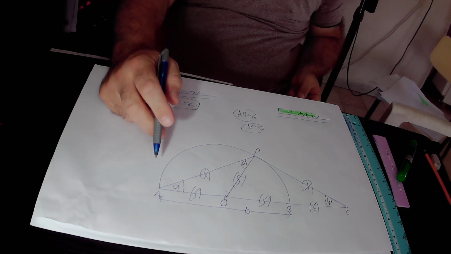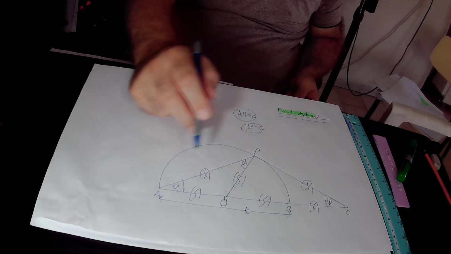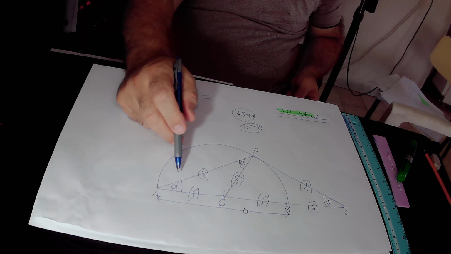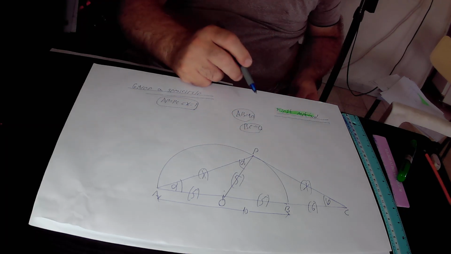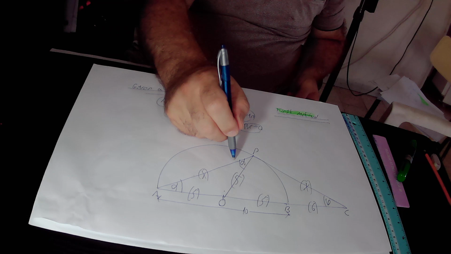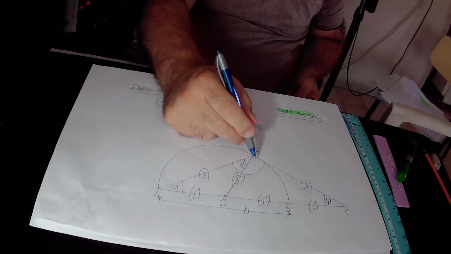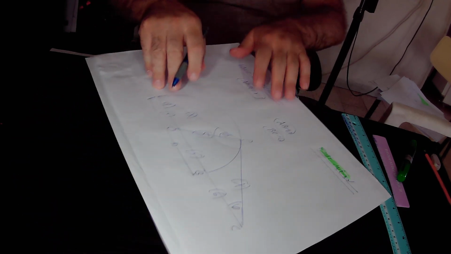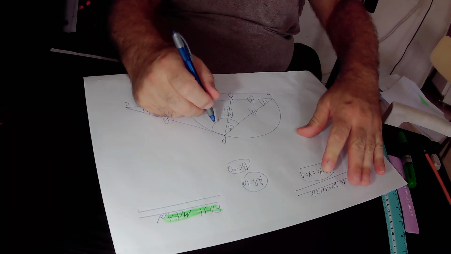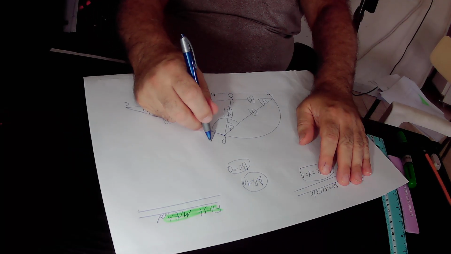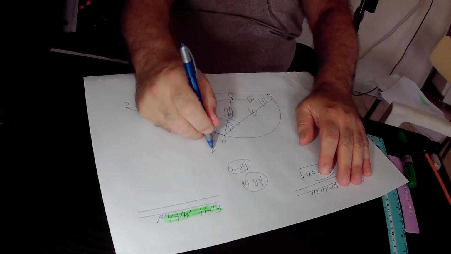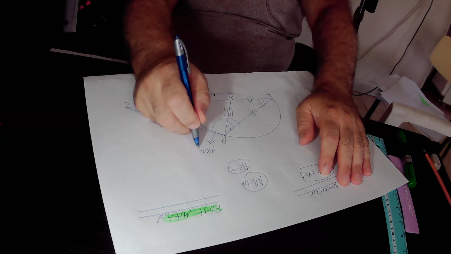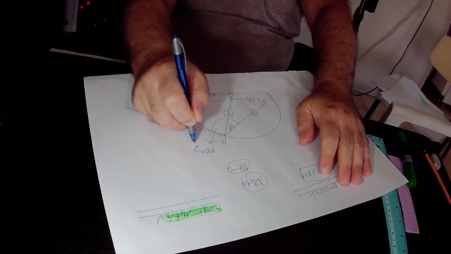So in the big isosceles triangle APC, alpha plus alpha is 2 alpha. Therefore, this third missing angle must be equal to 180 degrees minus 2 alpha, according to the rule that the sum of the angles in any triangle is equal to 180 degrees.